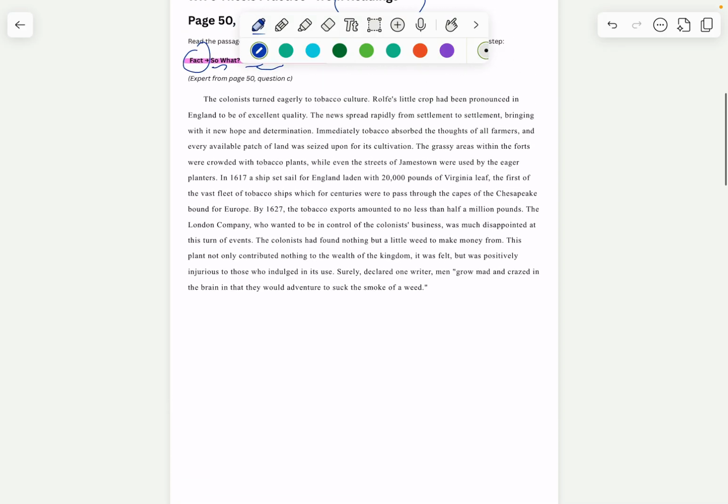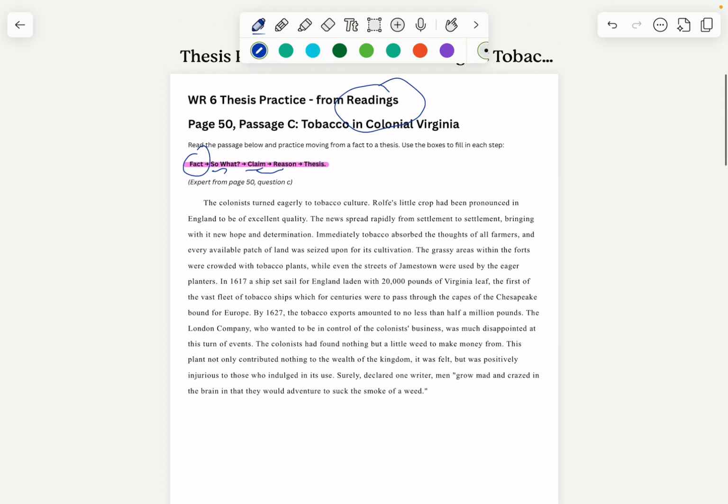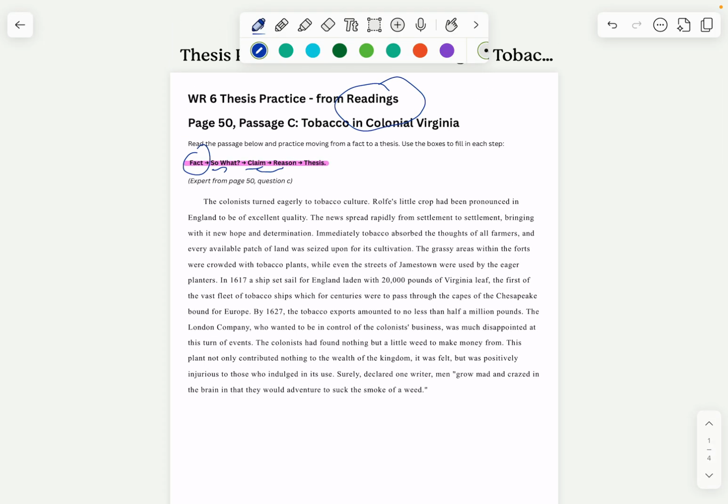taking a quick look at this, I'm not going to read the paragraph for you, but we know that there's a lot going on in this paragraph. Really, it's talking about tobacco in the colonies, in colonial Virginia, and how that impacted England, but it's just giving you a bunch of facts and the amount of tobacco that was being grown and sold.